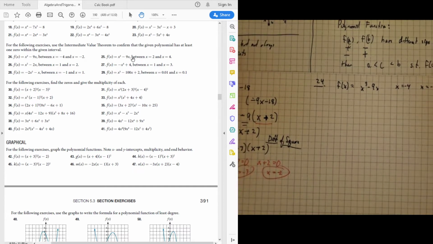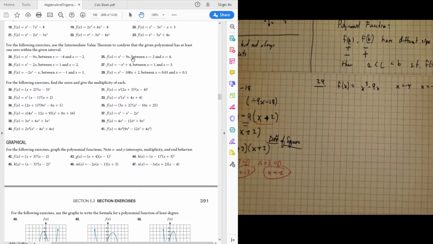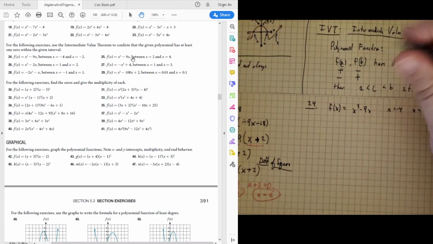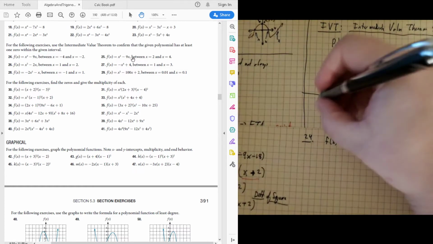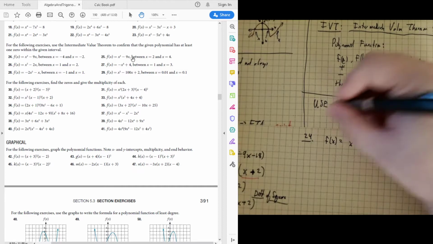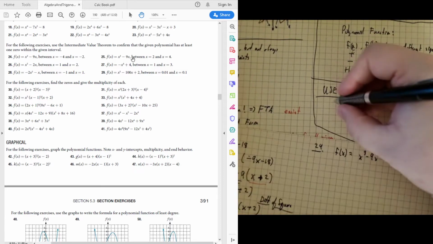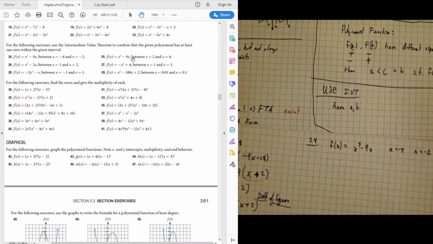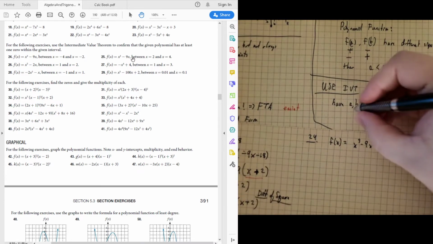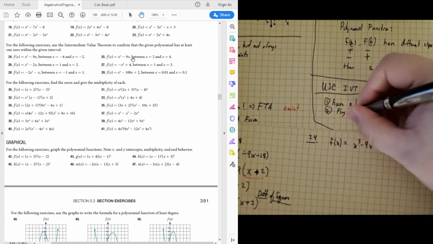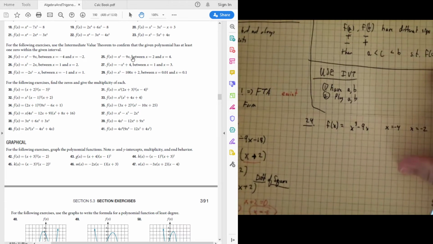Okay, so the question is, how do we use this thing? How do we show this to work? Well, it's actually pretty simple. To use the IVT, what you need to do is you have to have your a and b already picked out. You then are going to plug in a and b.